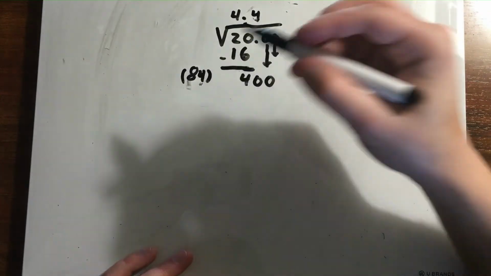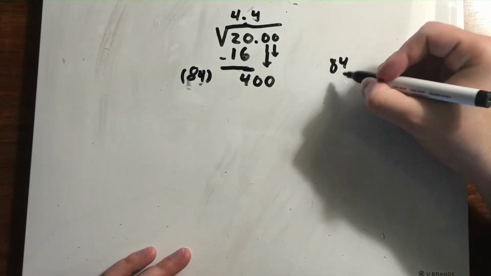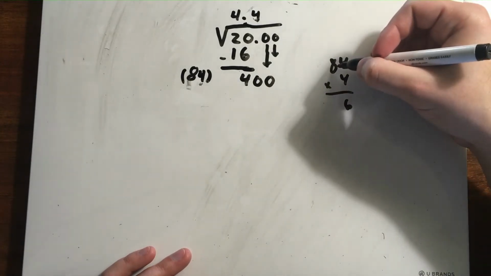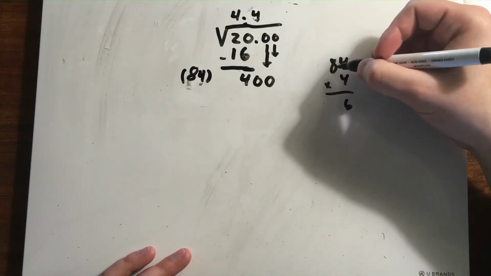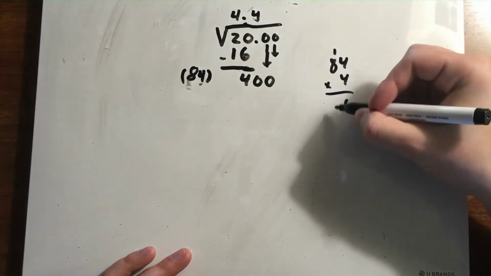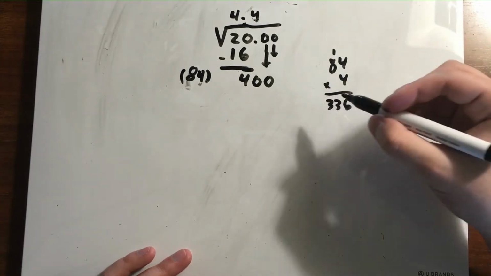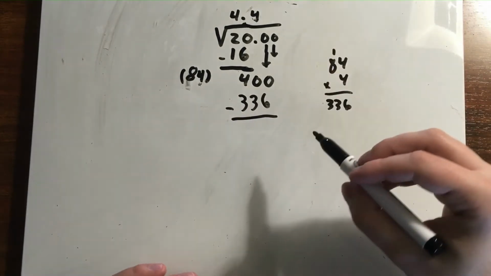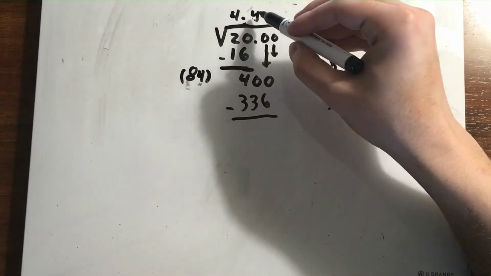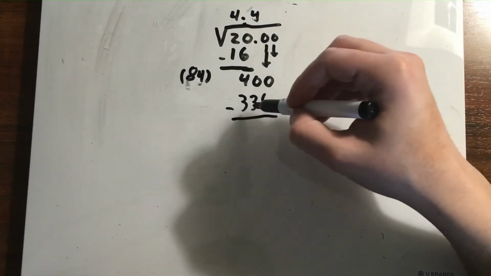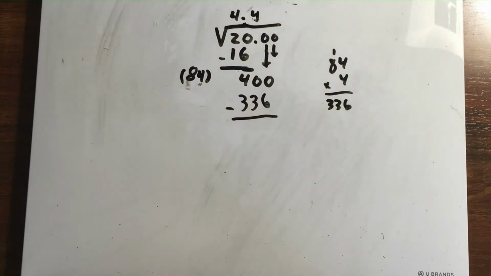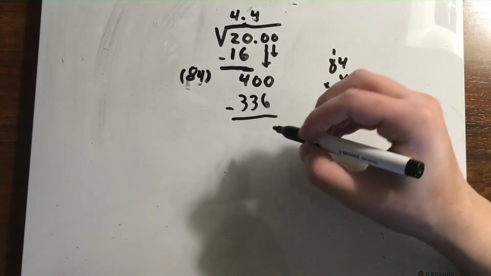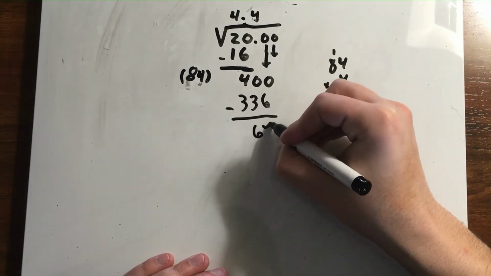Now what's 4 times 84? 84 times 4, 16, 1632, 336. So we'll put 336 here, and that works because that's as close as we could have gotten without going over 400. If I put a 5 there, this answer would have been well over 400. So now 400 minus 336 is 64.